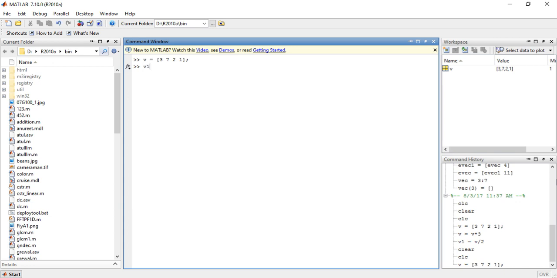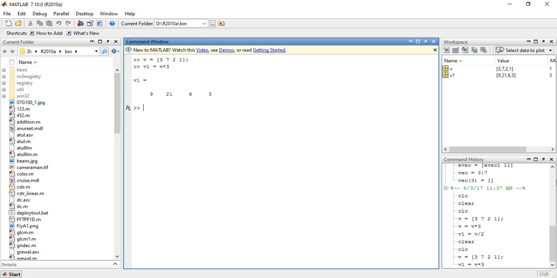We get a resultant as v1 equals v times 3. So this will multiply the number 3 with every element of vector v.